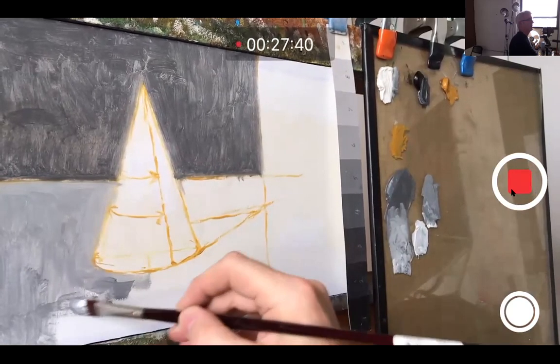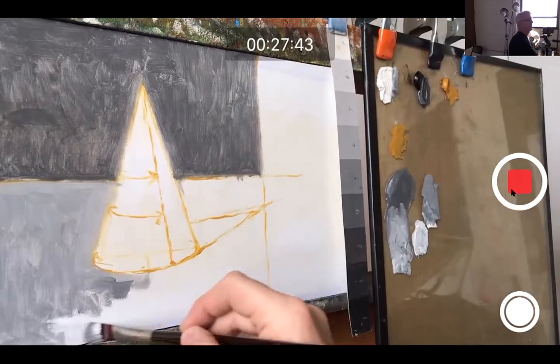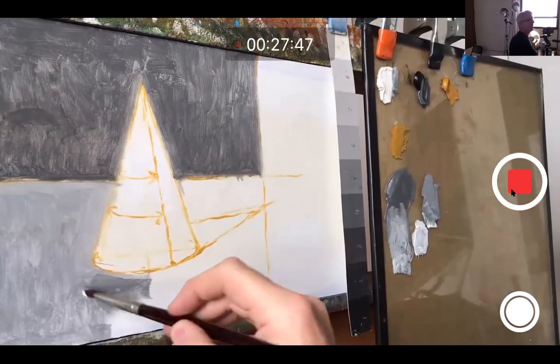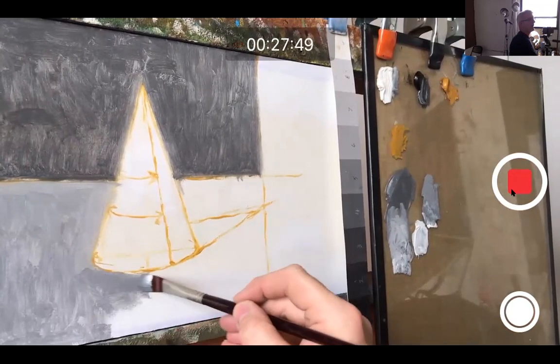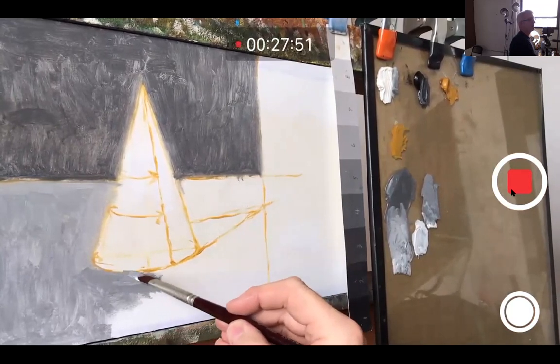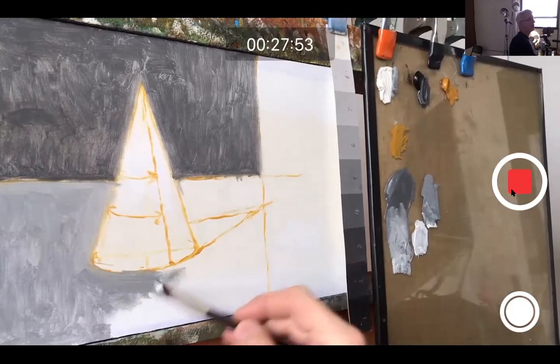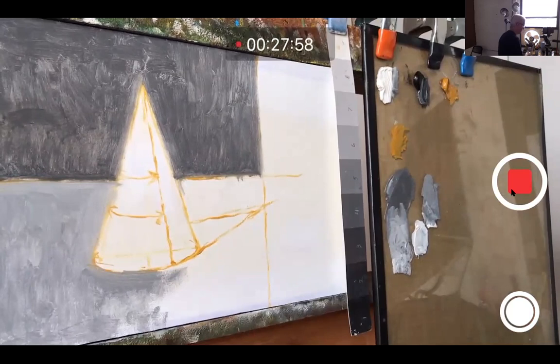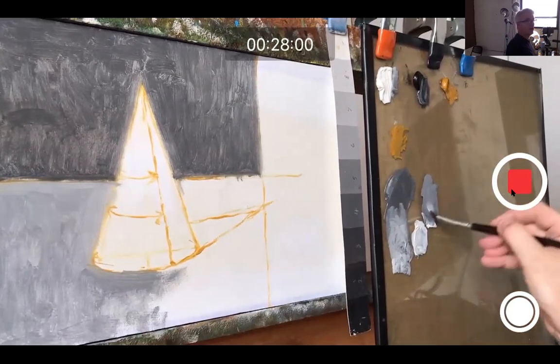You're going so fast, not in a bad way, but it just looks like we're fast forwarding a video. Well, what I'm looking for are large masses. All I want to do right now is block in that big area of value.